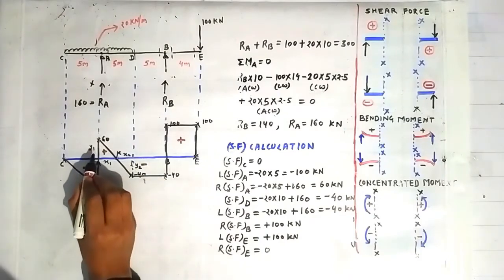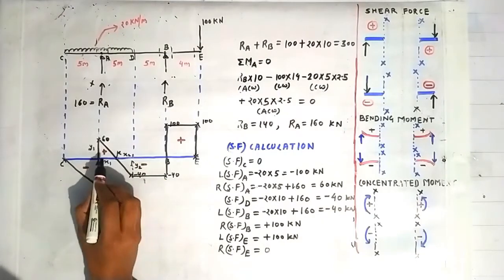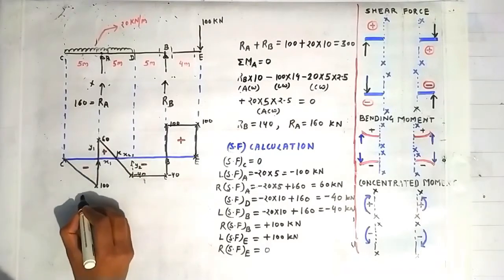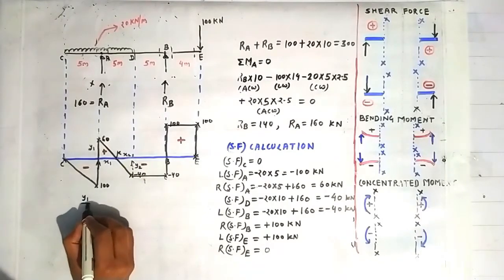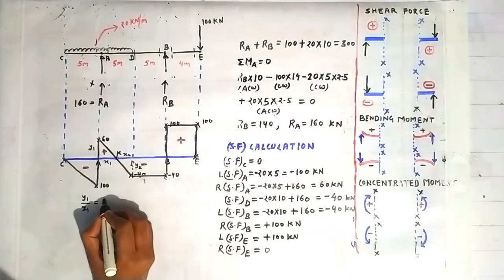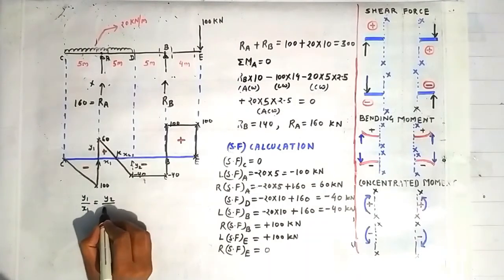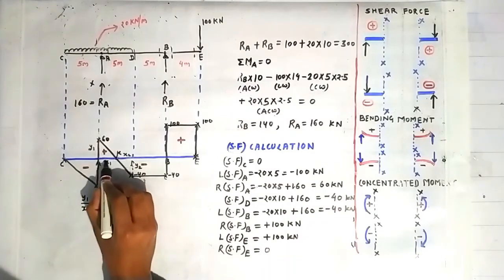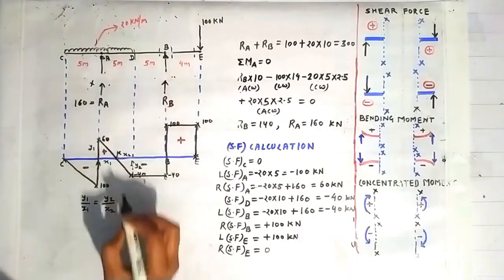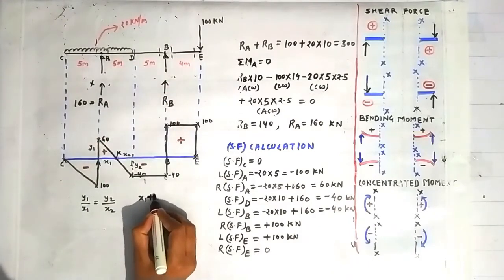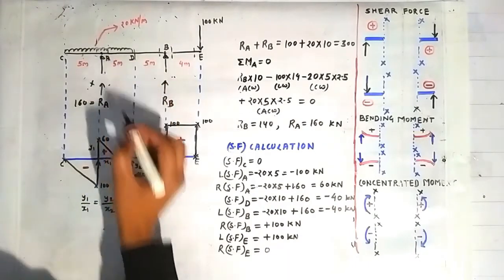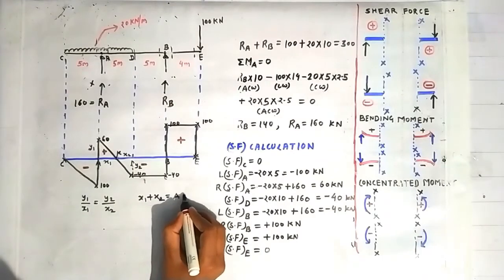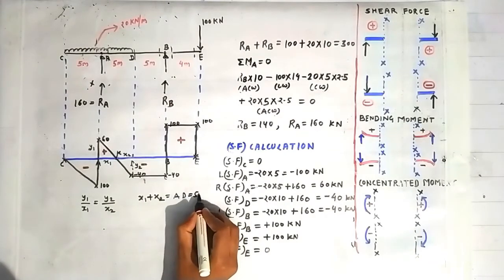Now we know that according to the property of this similar triangle, if these two triangles are similar triangles, then y1 by x1 is equal to y2 by x2. We all know that, and we know that x1 plus x2 is equal to 5 meter. So x1 plus x2 is equal to AD, that is the distance between A and D, and it is equal to 5 meter. Okay.